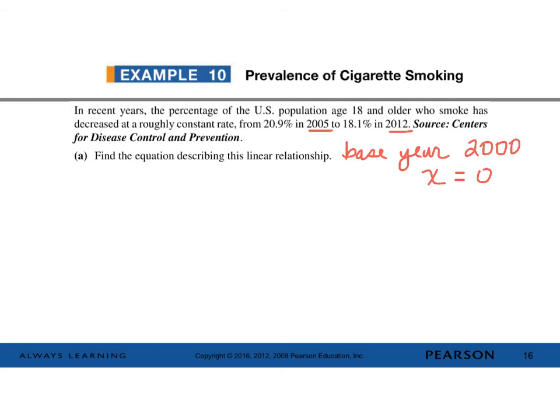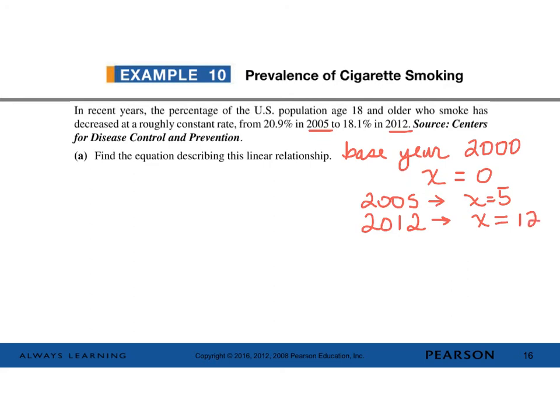That means that in 2005, x is going to be 5. That way we don't have to deal with 2005 and have to do arithmetic with such large numbers. And then in 2012, that means that x would be 12.